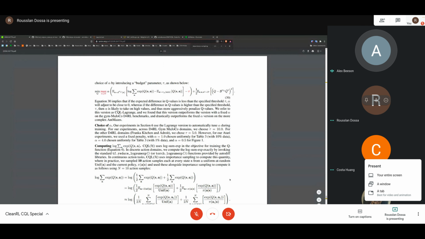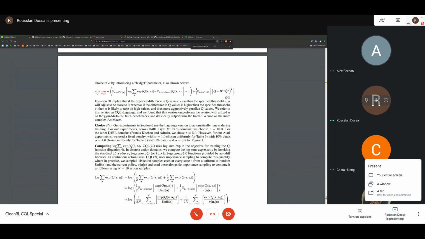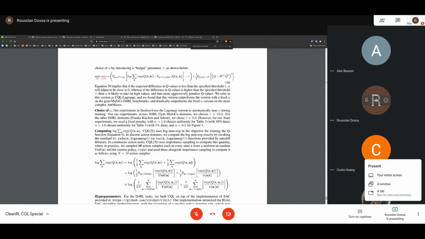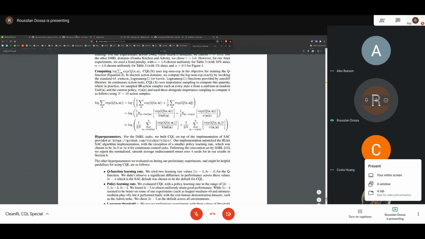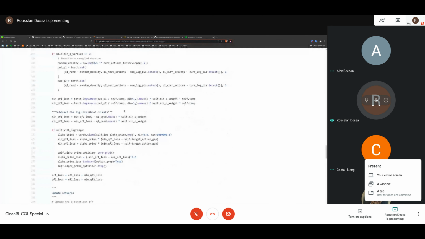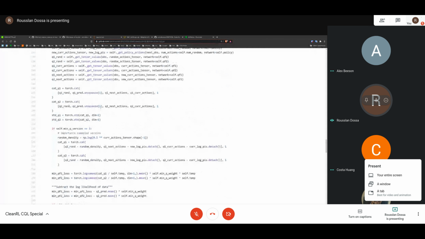Yeah, in the computing log sum over the actions, etc. Oh yes, I remember that part. And the current policy pi used alongside. Okay. Well, that still does not explain where the minus log policy they have somewhere here is, I believe.